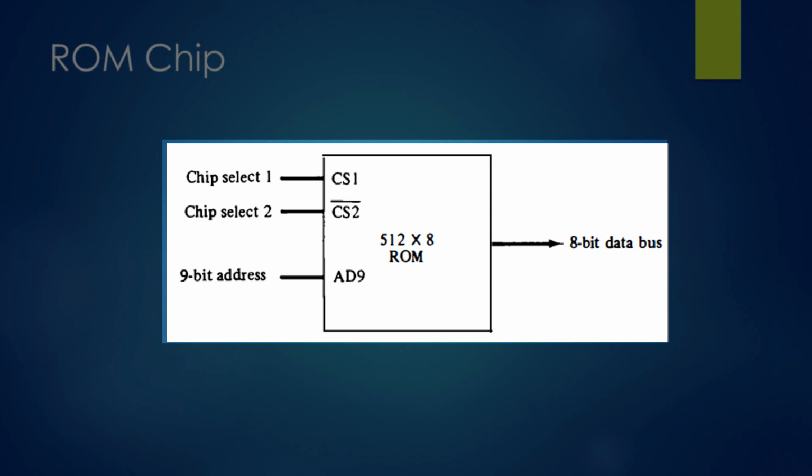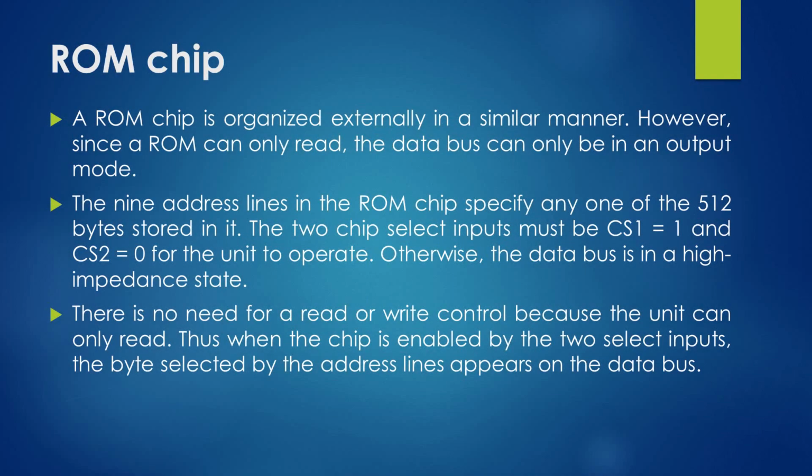Now we saw what the ROM chip is and its construction, but for the ROM chip to work, to read something, two conditions are necessary: CS1 should be 1 and CS2 should be 0 in order for this unit to operate.